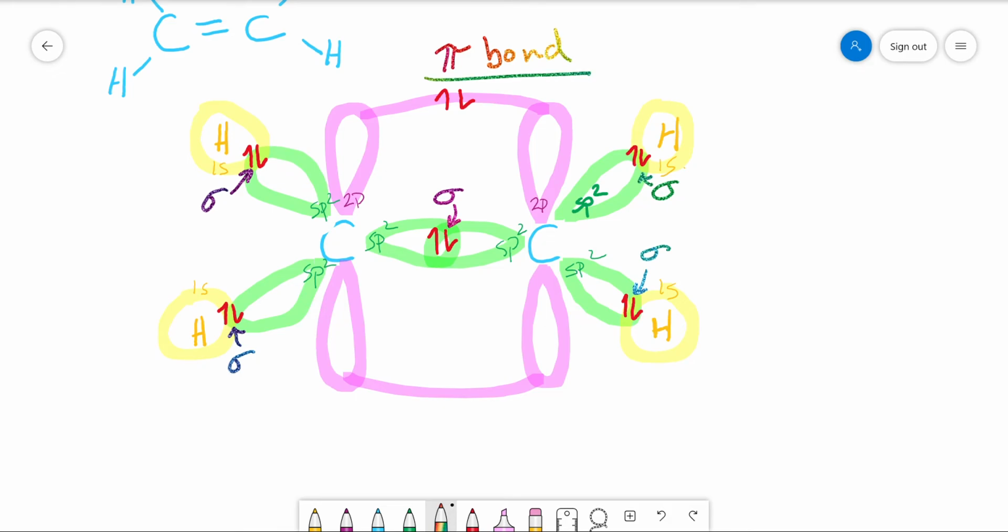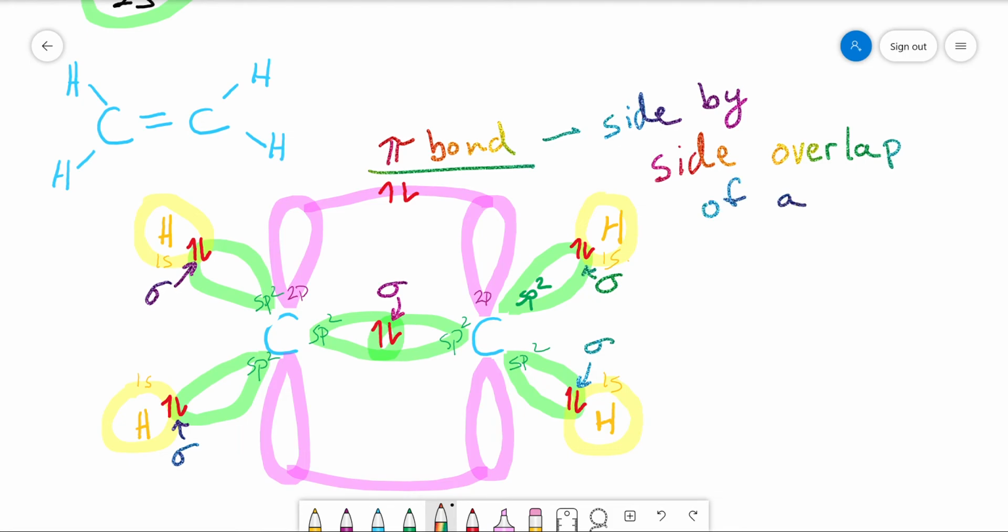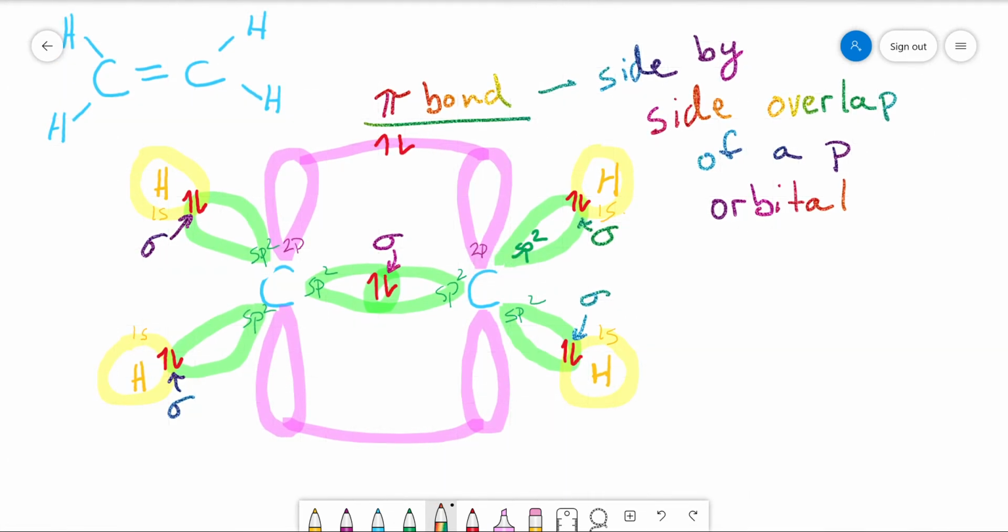And what is a pi bond? It is formed by side-by-side overlap of a p orbital. That's the pink highlighter there. That forms one pi bond.